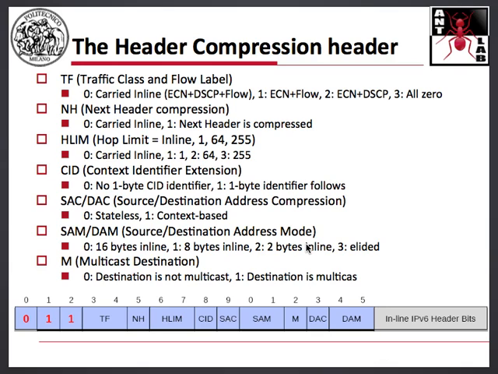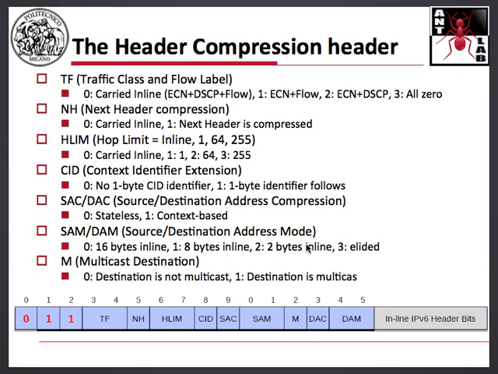And then you have all the other combinations. For example, if this field is 1, you just have a part of the traffic class field, which is called ECN, that you need to know, plus the entire flow label field. If this is 2, it means that you just have in line the ECN and the other part of the traffic class field, which is the DSCP.